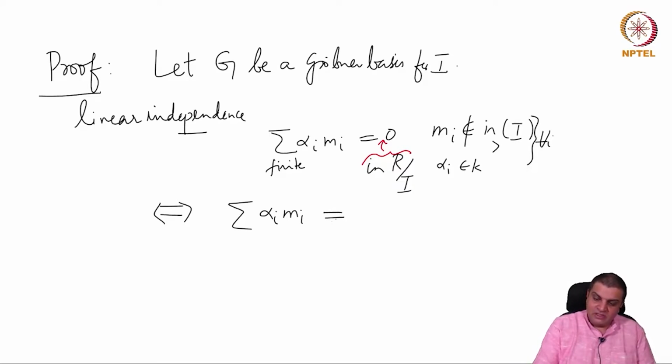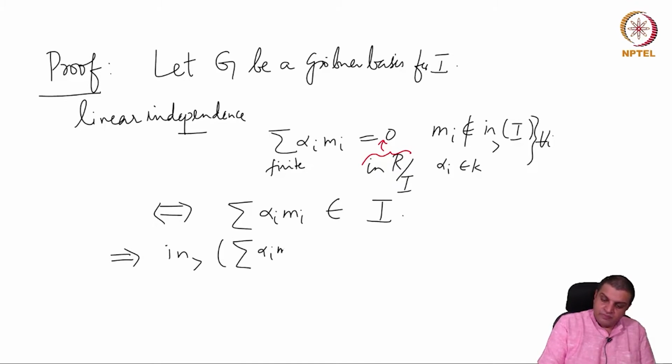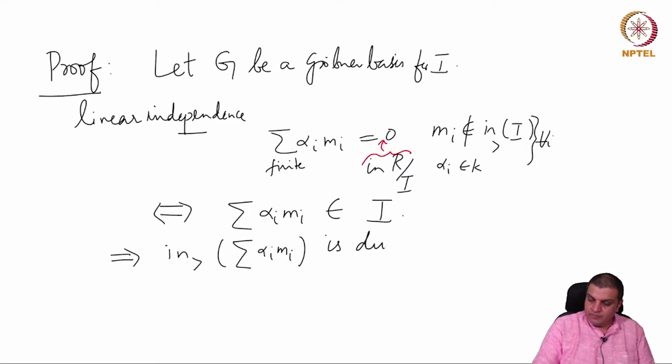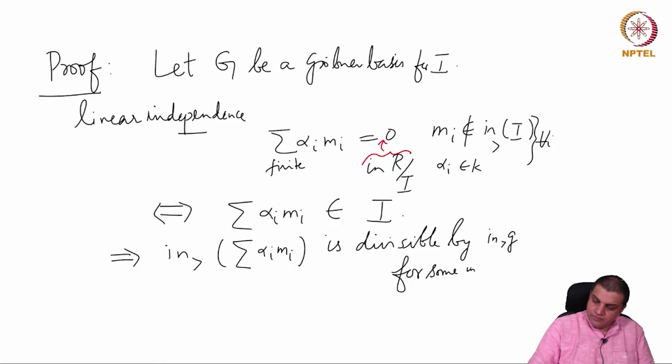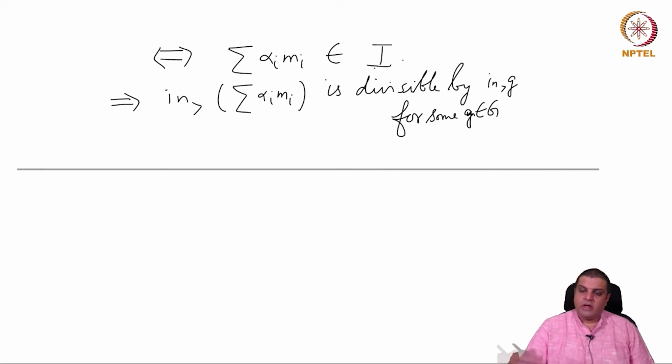The same sum is inside I, which means that the initial term of the sum is divisible by the leading term of some g in G. We saw that this is a Gröbner basis.